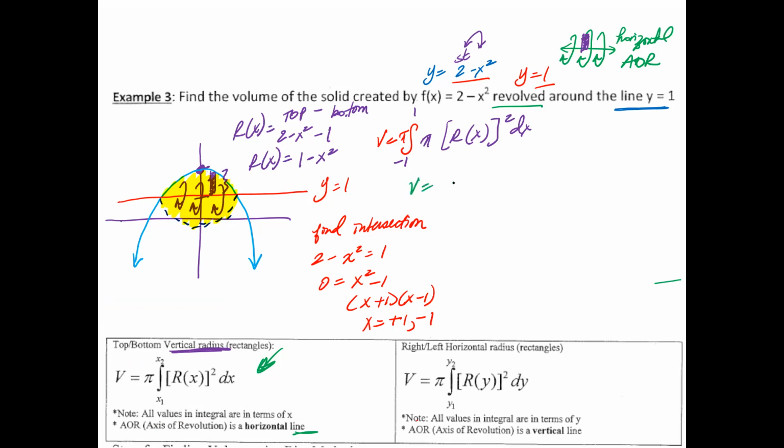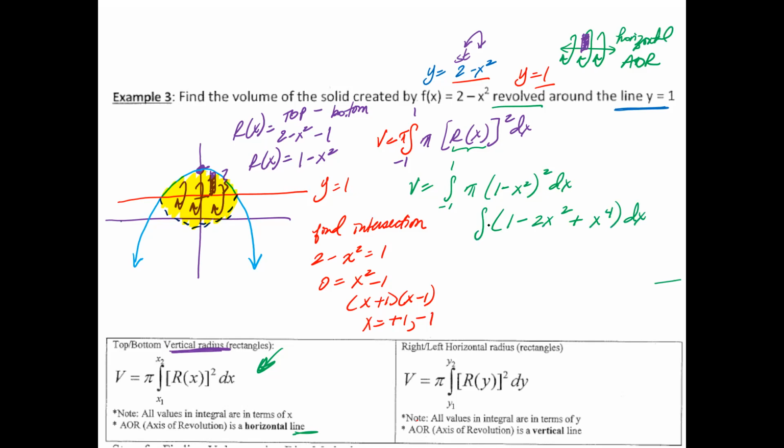So volume equals from negative 1 to 1, pi, replacing this r of x with 1 minus x squared, squared, dx. Now you would have to go ahead and FOIL this out. So you have 1 minus 2x squared plus x to the 4th dx.